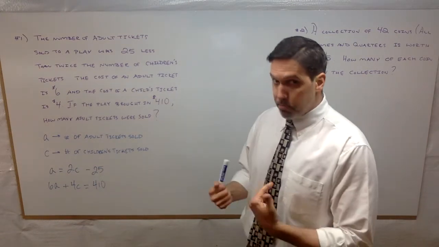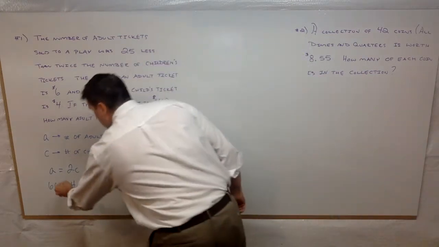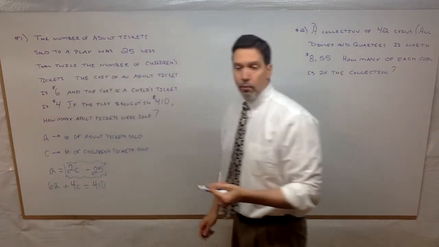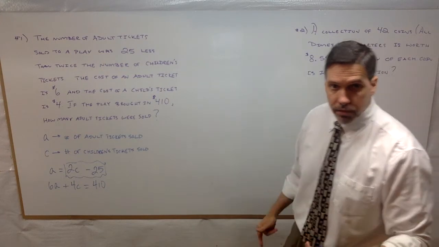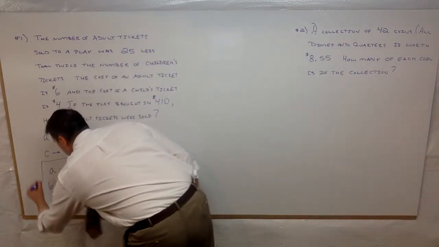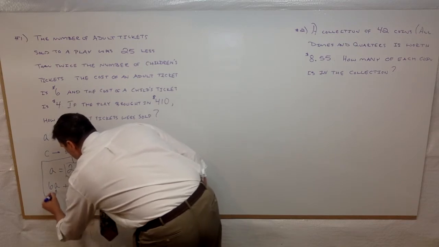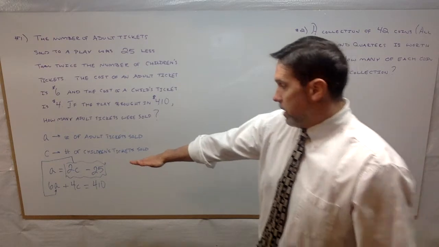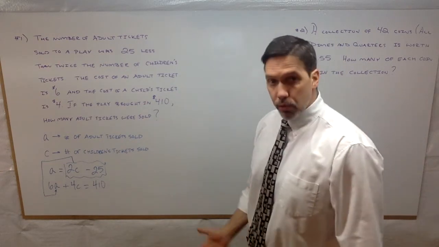Personally, I would use substitution, because if you take a look, you already have one of the equations solved for a variable, in this case A. We're going to substitute that in for the corresponding variable in the other equation. The second equation says 6A plus 4C equals 410.